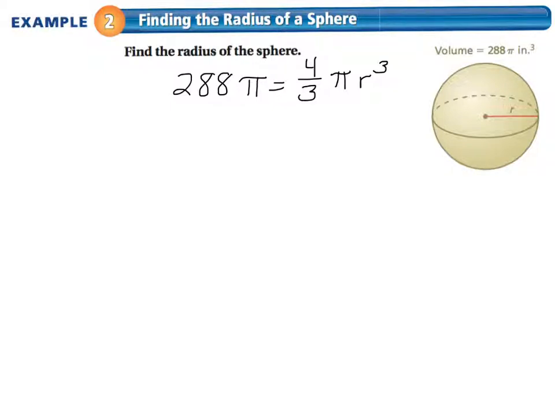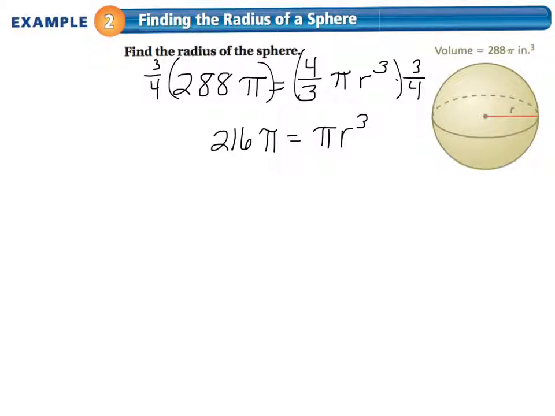Well, what I would do is multiply both sides by 3/4, the reciprocal. Well, that gives me, let's see, 3/4 of 288 is going to give me 216 pi equals pi r to the 3rd power. Well, I divide both sides by pi using the division property of equality, and I get 216 equals the radius cubed.